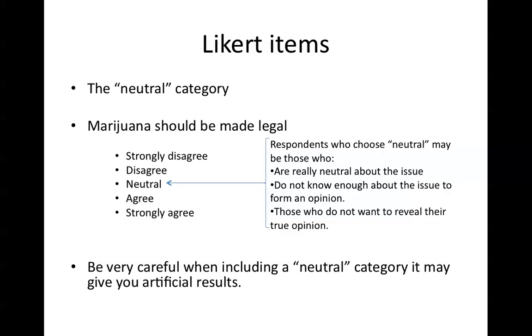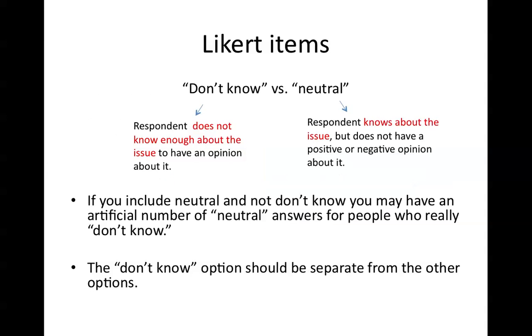They do not know enough about the issue to form an opinion, which is possible. They haven't really even thought about it, so they don't have an opinion to form because they don't know enough. Or they could be people who don't want to reveal their true opinion. For whatever reason, they're afraid that by revealing their true opinion, someone's going to find out that they actually believe that marijuana should be legal, and so on. So you want to be careful when you're including a neutral category because it can actually give a little bit of artificial results.